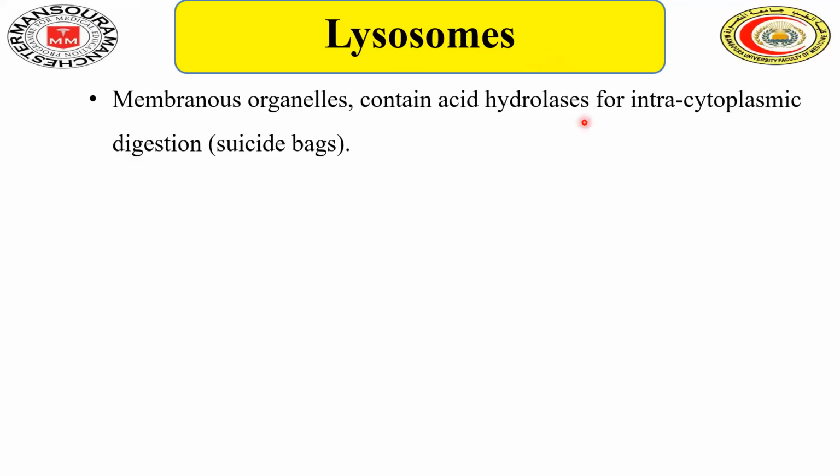So acid hydrolases are present inside the lysosome for intracytoplasmic digestion. It represents the stomach of the cell. So if we have a stomach to digest the food that we take, the small cell has a small stomach called lysosome. This lysosome contains enzymes for digestion inside the cell.